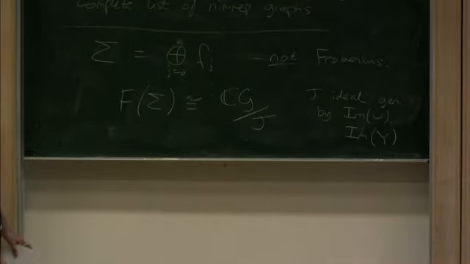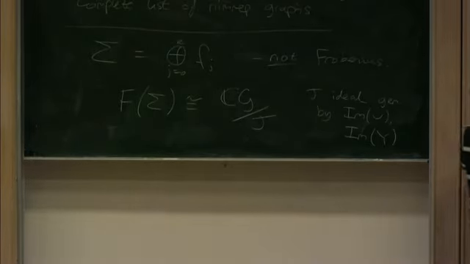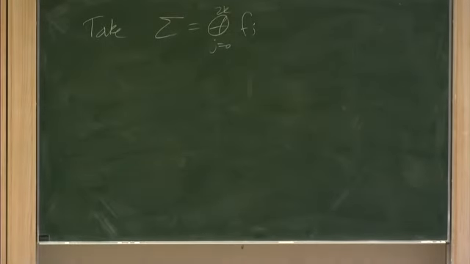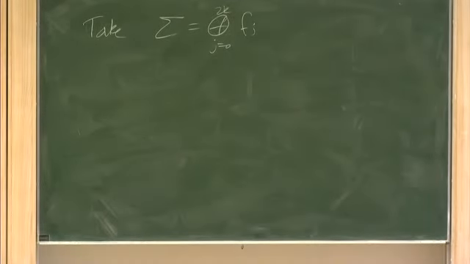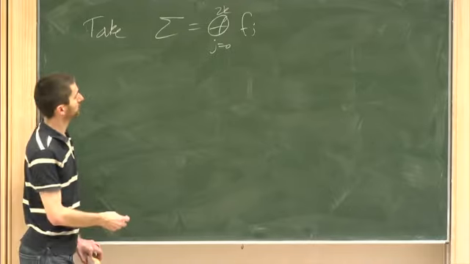So the correct thing to take seems to be a slightly bigger algebra, the sum of all the simples that I had in the category C prime that I wrote down first without the y.